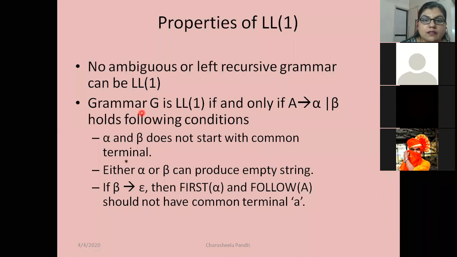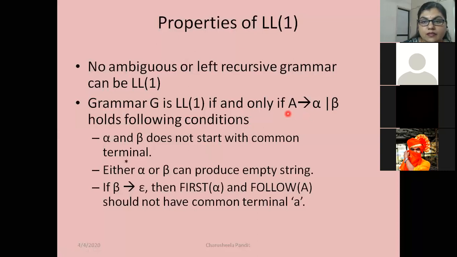Then the grammar G is LL1 if and only if, for a production A produces alpha or beta, the following conditions hold. Alpha and beta both should not start with a common terminal. Just assume that alpha starts with small a and beta also starts with small a. So you will have A produces a.